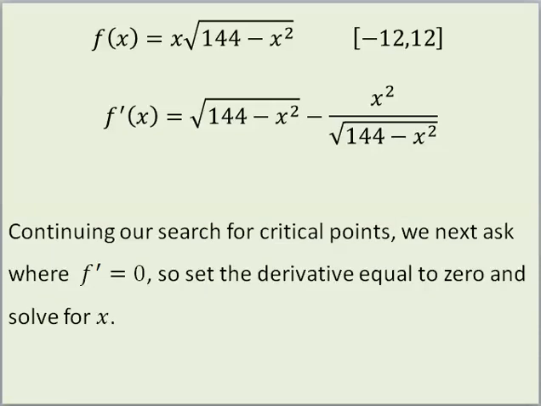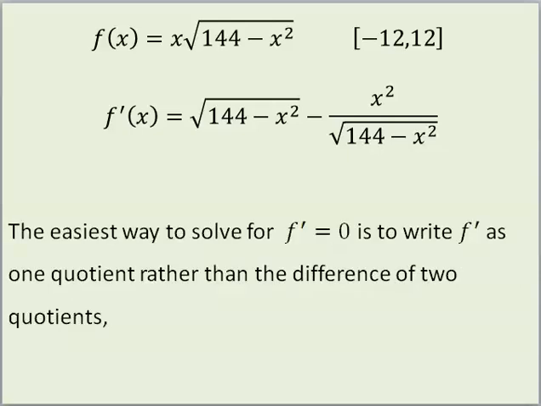Continuing our search for critical points, we next ask where f prime equals 0. To do that, we set the derivative equal to 0 and solve for x. The easiest way to solve for f prime equals 0 is to write f prime as one quotient rather than the difference of two quotients.